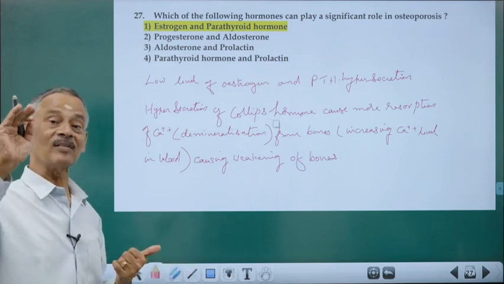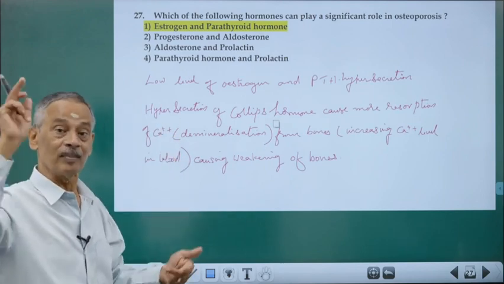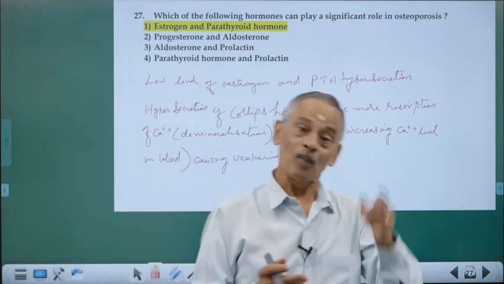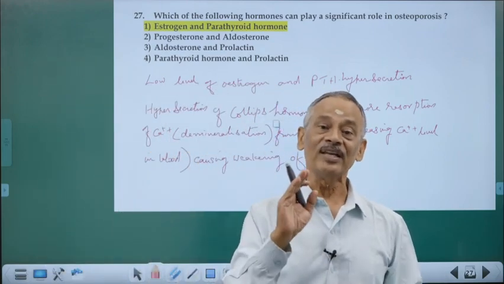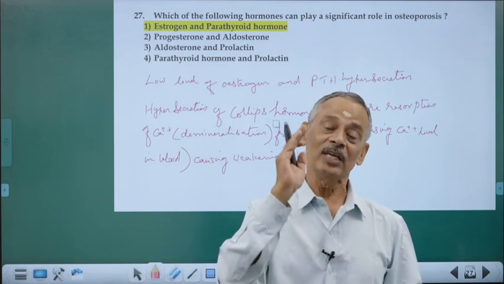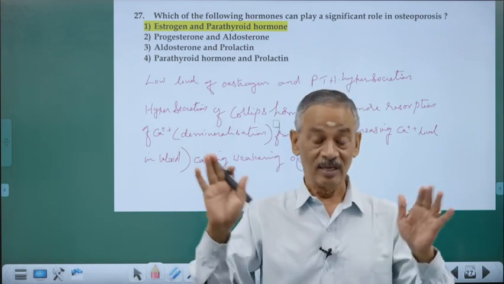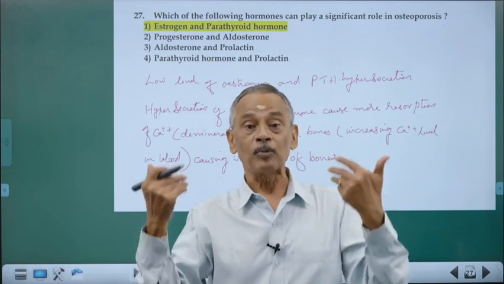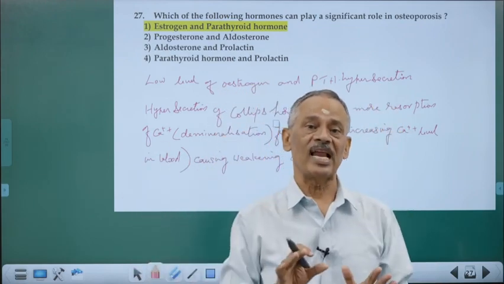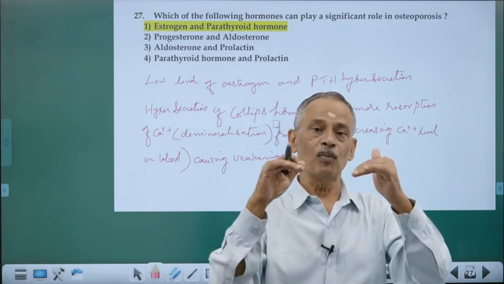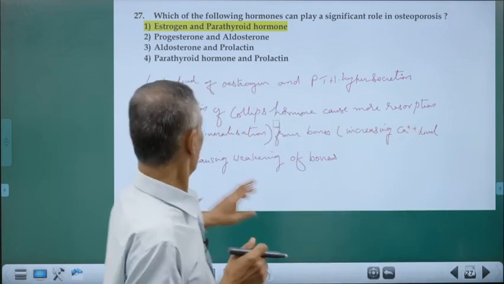How does it increase the calcium level? By taking all the calcium deposited in the bones. So bones become weak. If there is excess secretion of collip's hormone or PTH, that will cause resorption because they activate osteoclast cells. So all the calcium deposited in the bones will be reabsorbed.